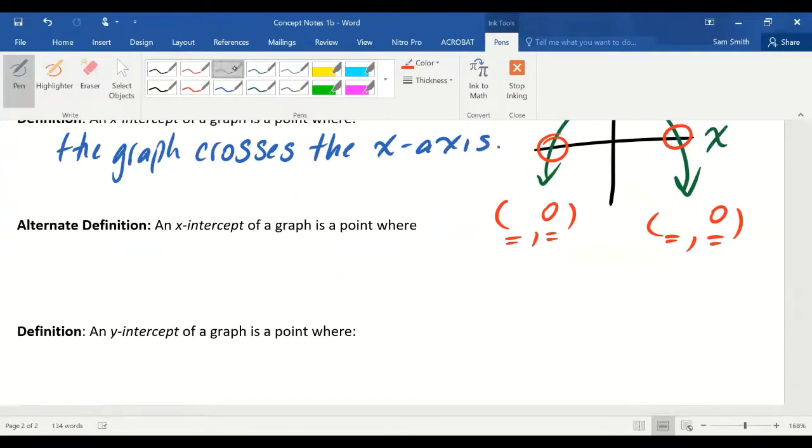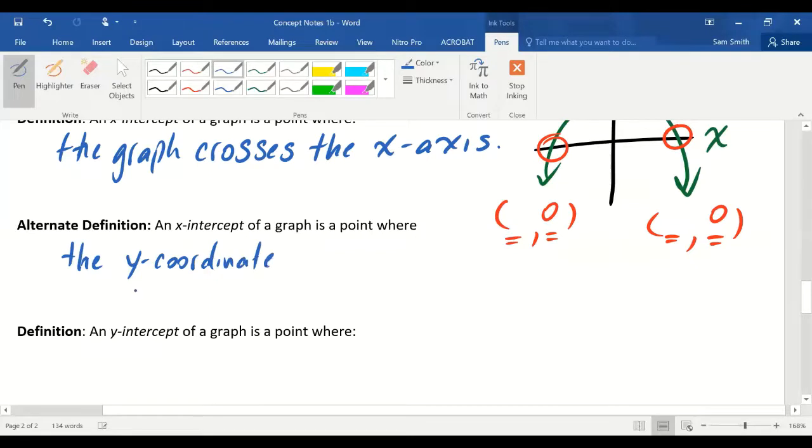And so that's an alternate definition which is used pretty often when you're working with equations, to say that an x-intercept of a graph is a point where the y-coordinate, where the value of y, is 0.